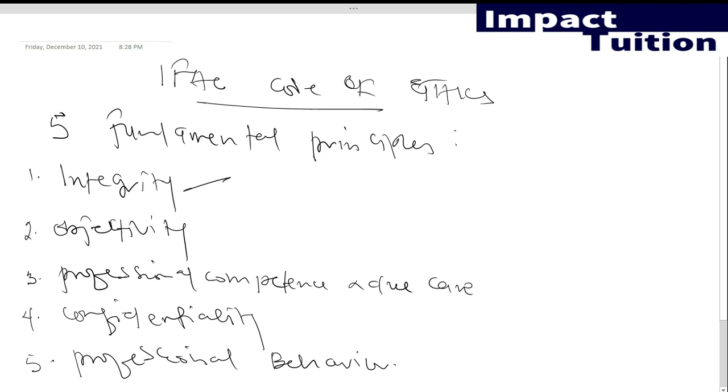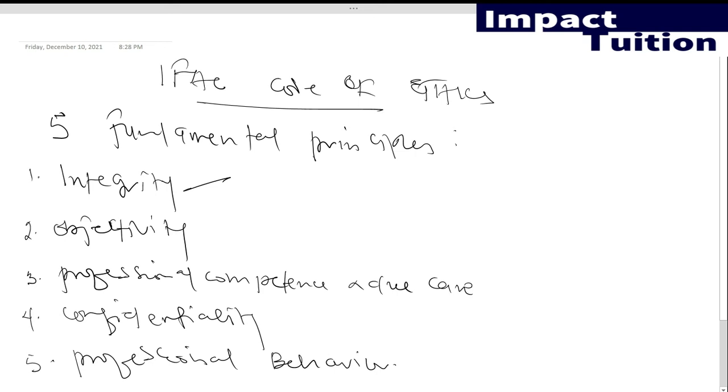Integrity. Integrity means that professional accountants should be straightforward and honest in all professional and business relationships. It also implies fair dealings and truthfulness.